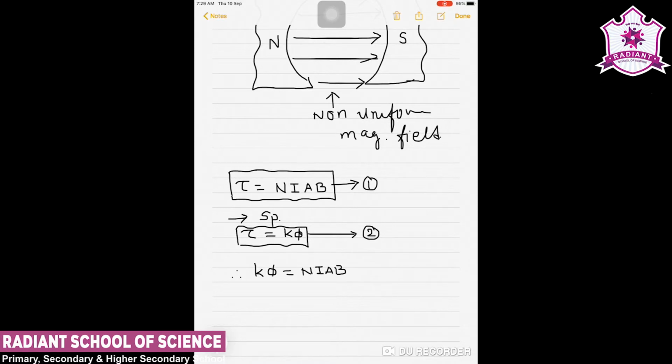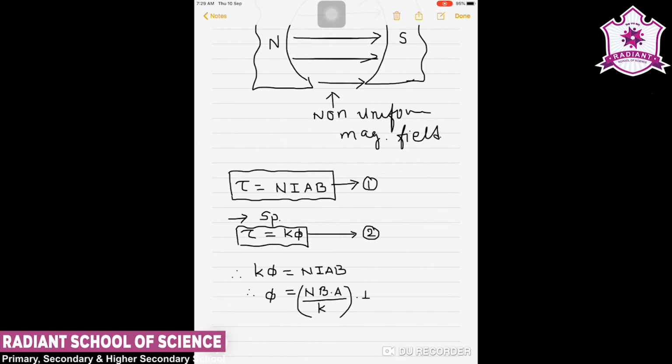Now in this condition, if we make phi the subject, this phi is called the deflection. So phi is equal to NBA upon K times I. K is a constant, obviously, called the torsional constant or twist constant.